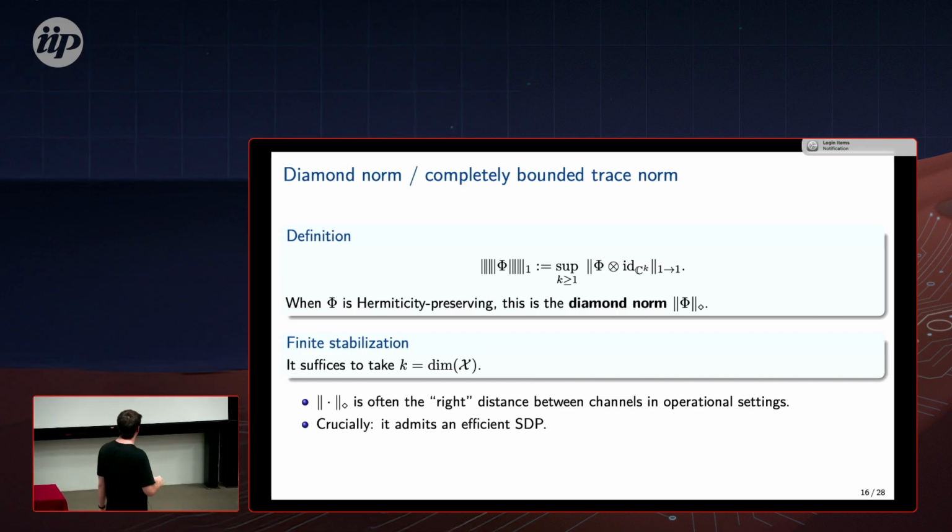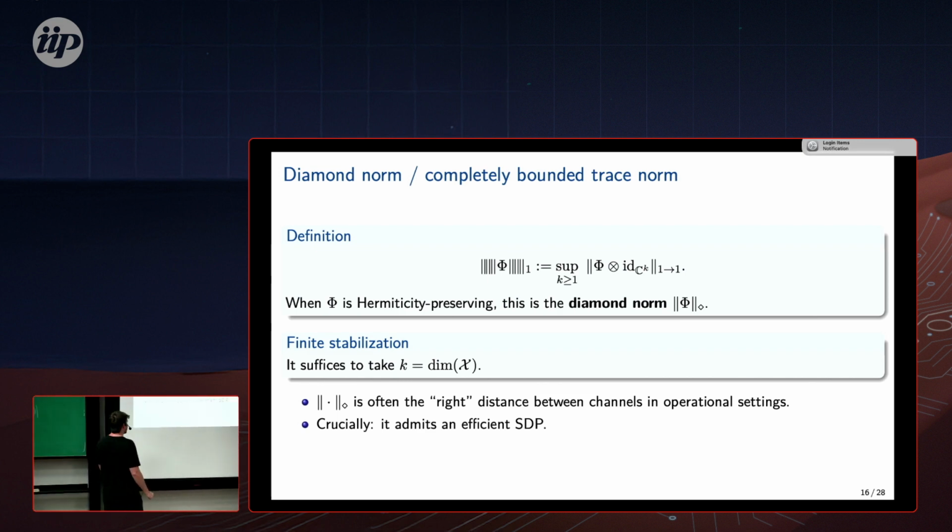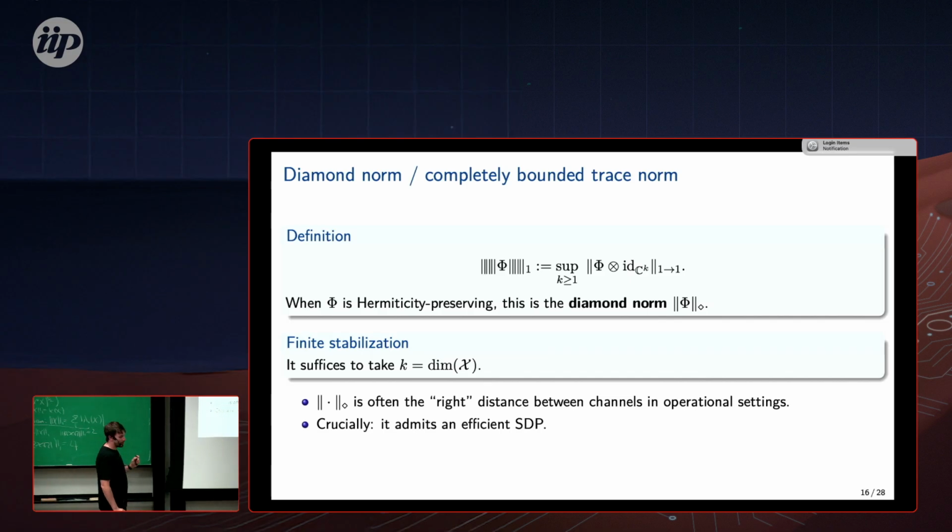Yes. So this observation here. Why do I like this? Why is this definition nice?